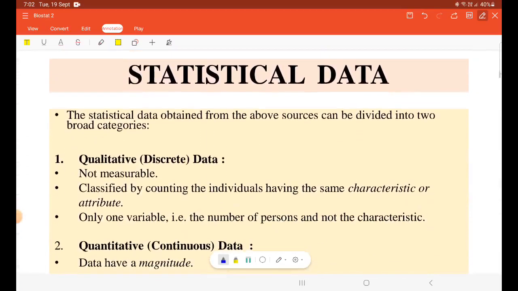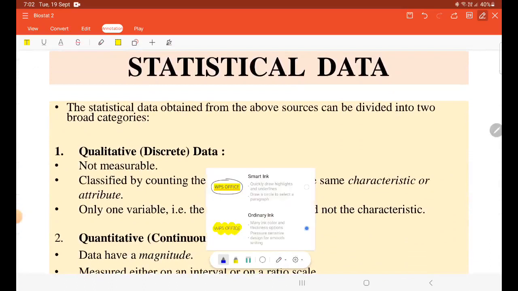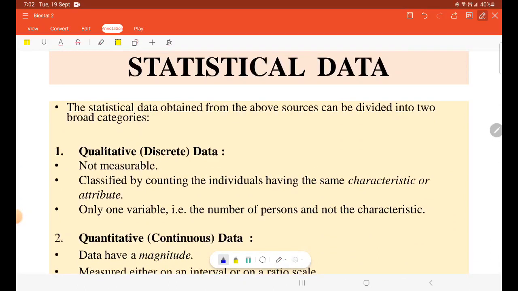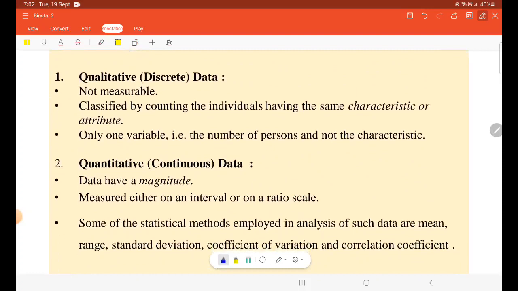Now, statistical data. The statistical data obtained from above sources can be divided into broad categories. So one is qualitative data, another one is quantitative data.